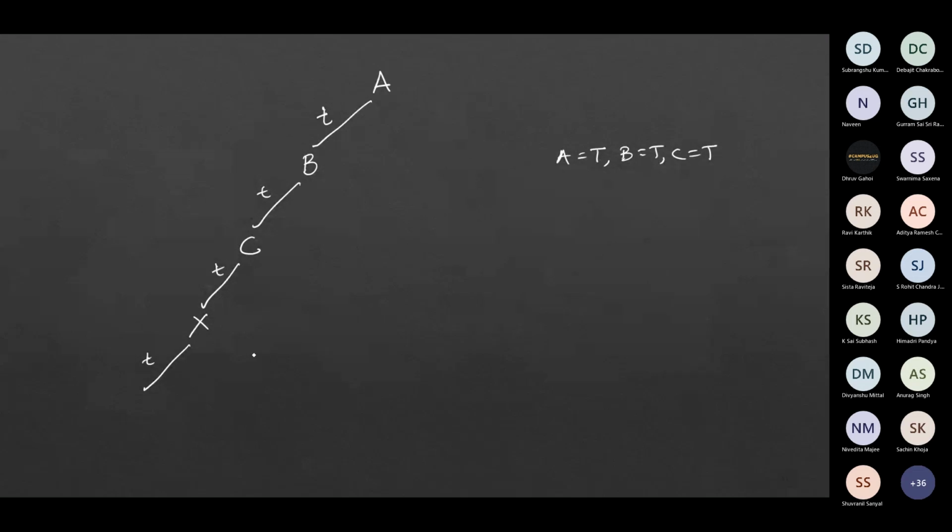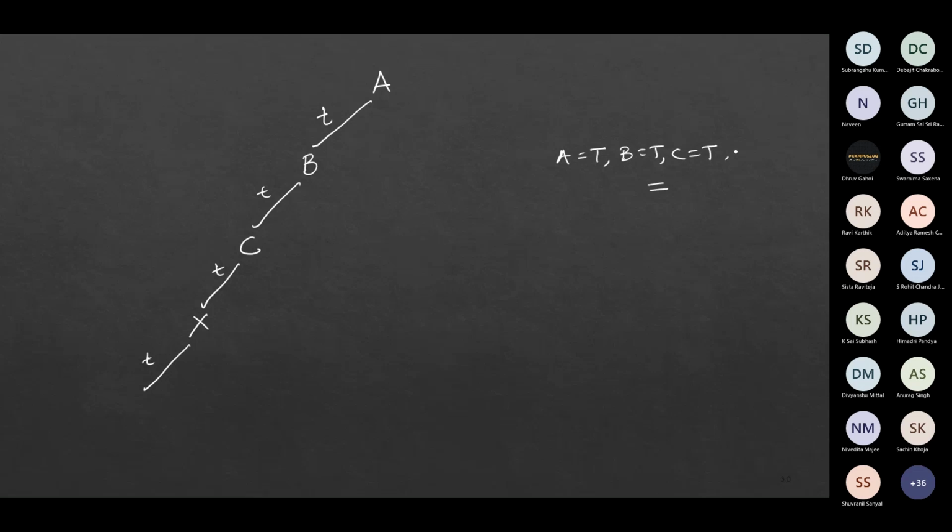Right. So let us take the same example and try to illustrate the idea. Okay. So we have started with A, we have assigned it the value true, then B, C, then X. And in the process, we are making the assignment A equal to true, B equal to true, C equal to true. And if we assign X to true, what will happen?